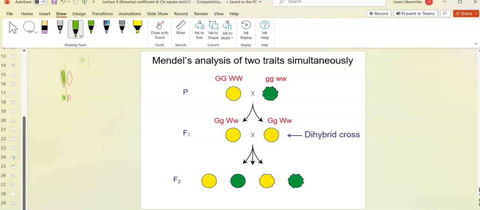And then the rules of segregation and independent assortment show, by the way, that these homologous chromosomes line up on the metaphase plate.